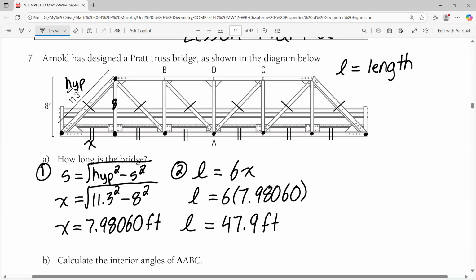Now it says, calculate the interior, so that means inside, angles of triangle ABC. So that's right here, A to B over to C, so that giant triangle there.